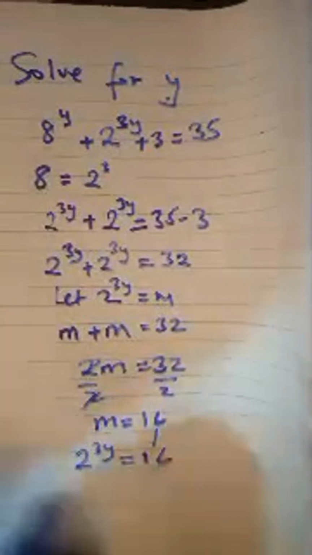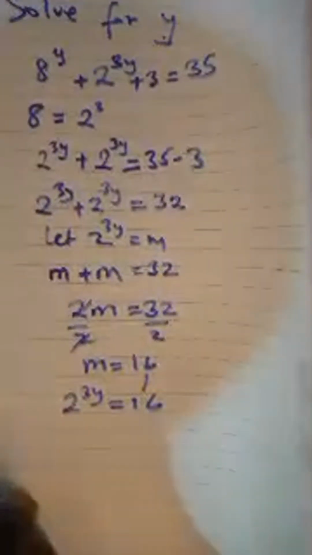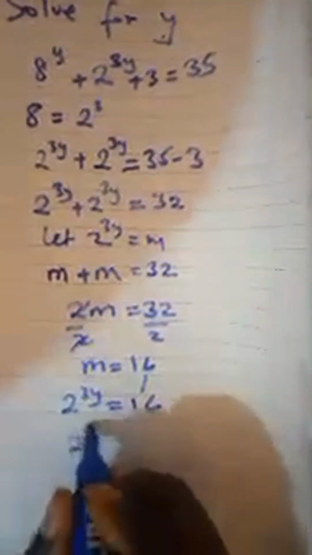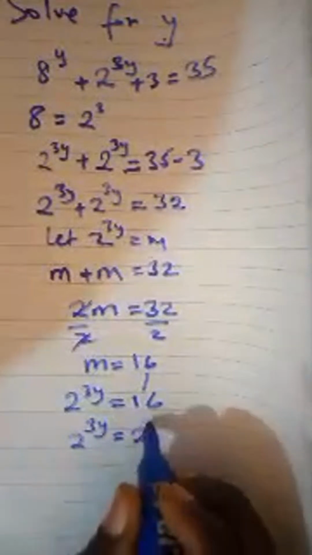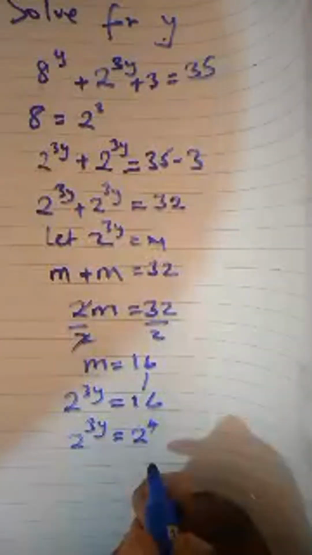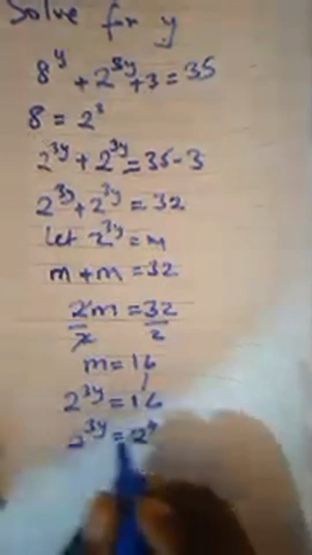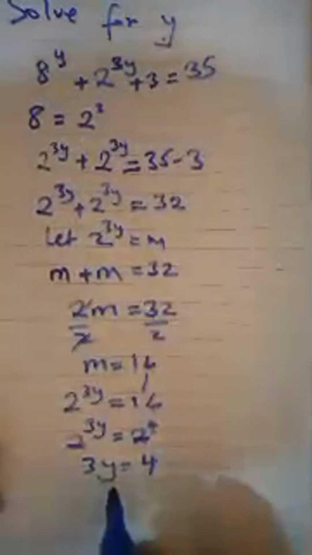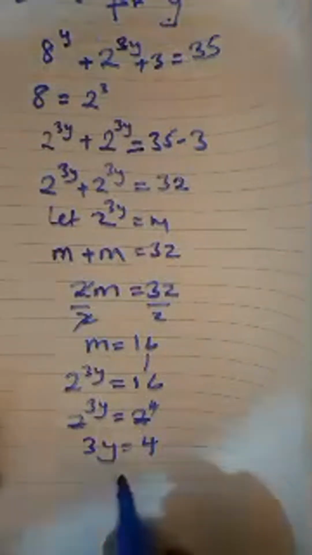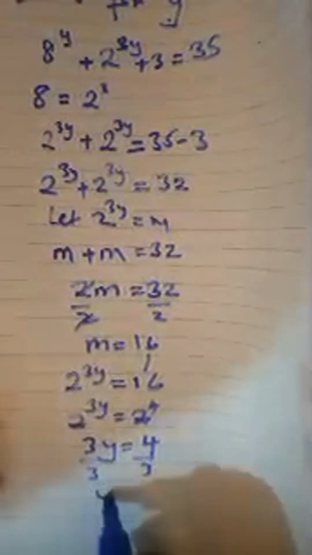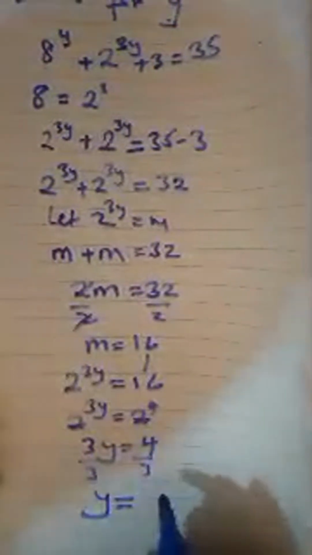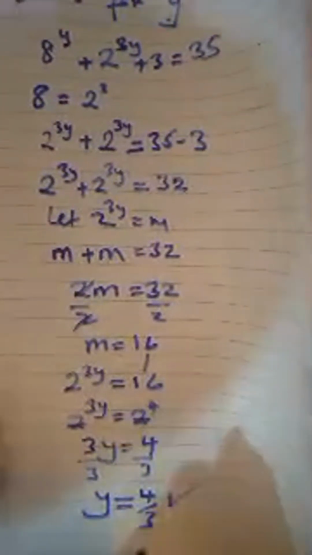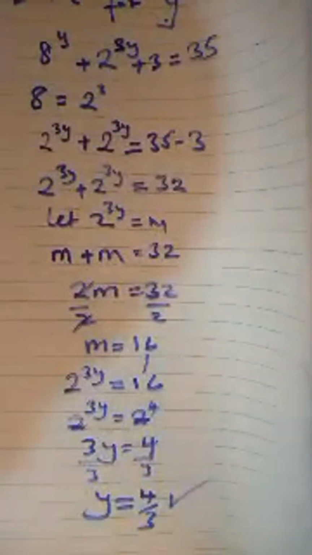So 2 raised to 3y is equals to 16. 16 can also be written as 2 raised to power 4. Then I can drop these bases and I have 3y is equals to 4. Divide by 3, and now the final value of y is 4 over 3.